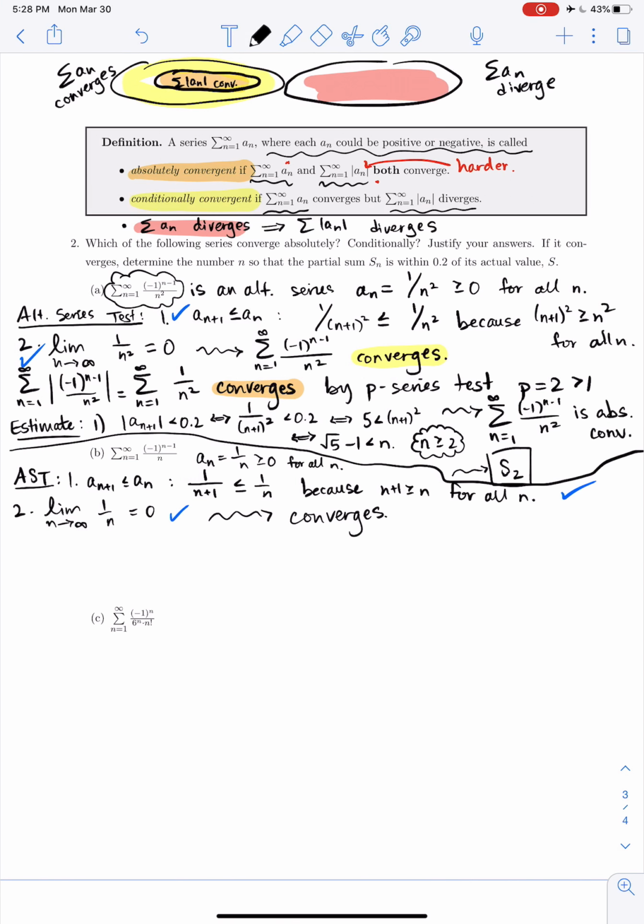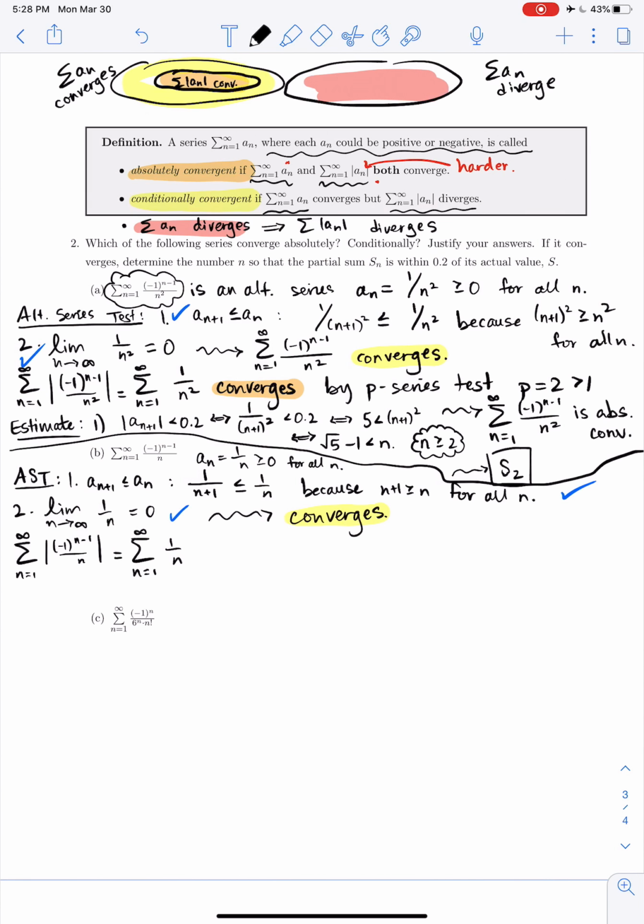Okay. So our series converges, which means it's at least in the yellow category, but it could be in the orange category. It could be absolutely convergent. So to determine if it is absolutely convergent, we need to take the absolute value of all of our terms and add those up. Well, the absolute value of all of our terms is 1 over n.